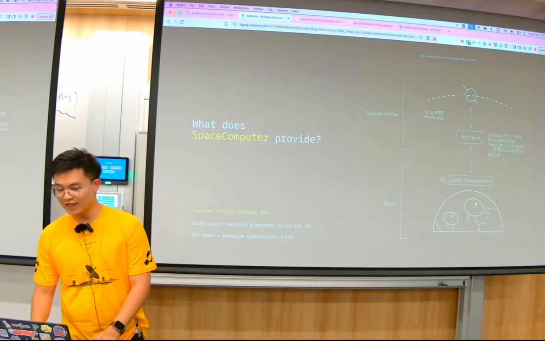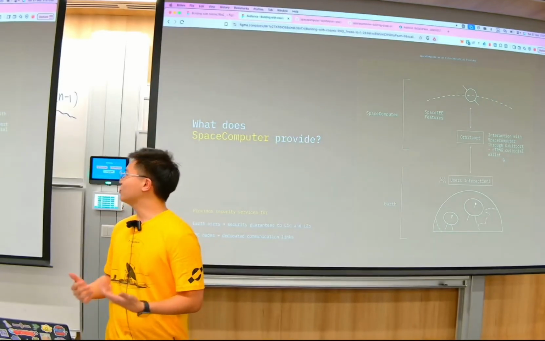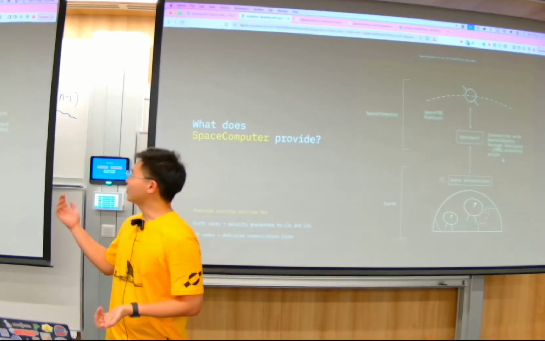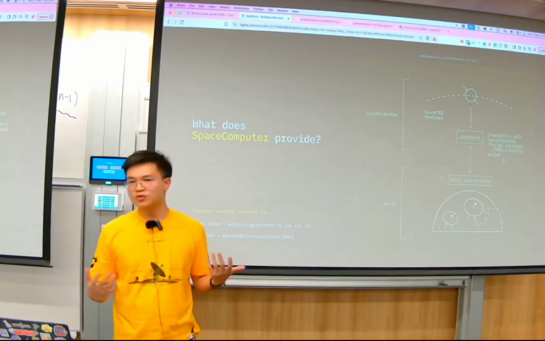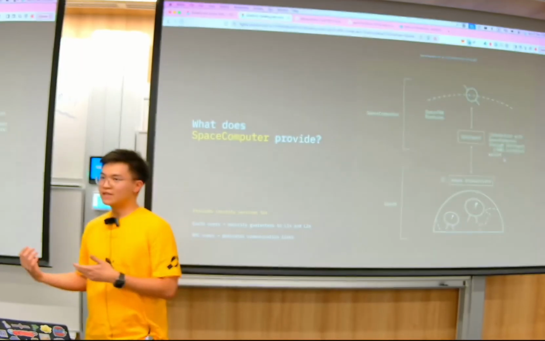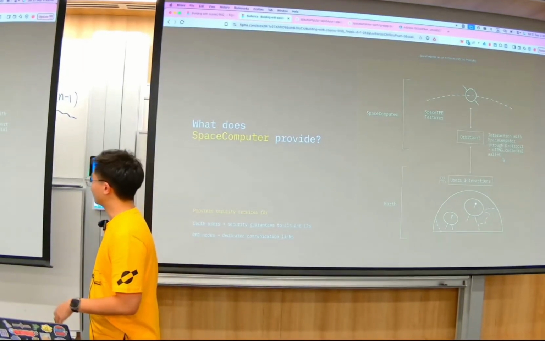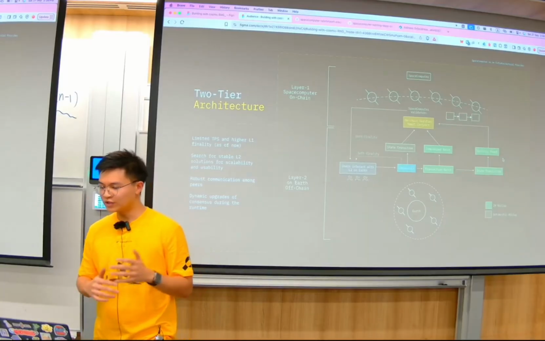So right now we only have one space TEE, and in order for you to communicate with it, you've got to use our gateway called OrbitPort. So you can call it through an API, you can use an SDK, but I'll show you guys how to actually use it on chain. So we have sort of a two-tier architecture.